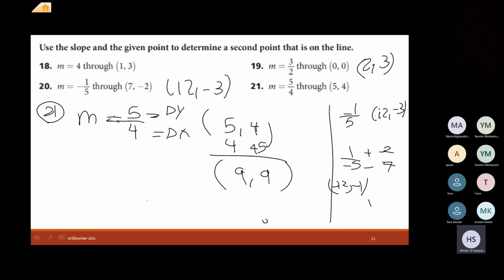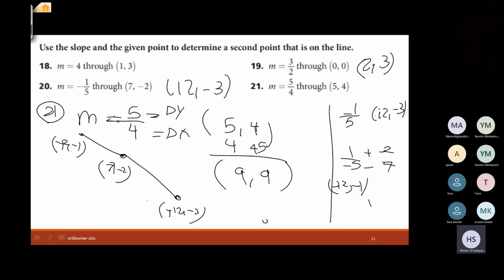Now, if they solve the first one or the second one, both of them are correct. One is 7, negative 2, one is 12, negative 3, and one is negative 12, negative 1.